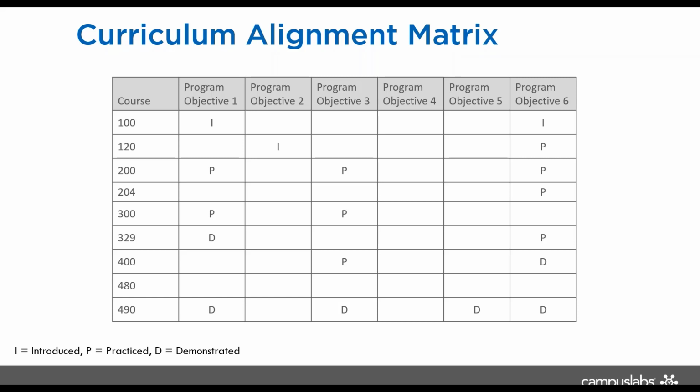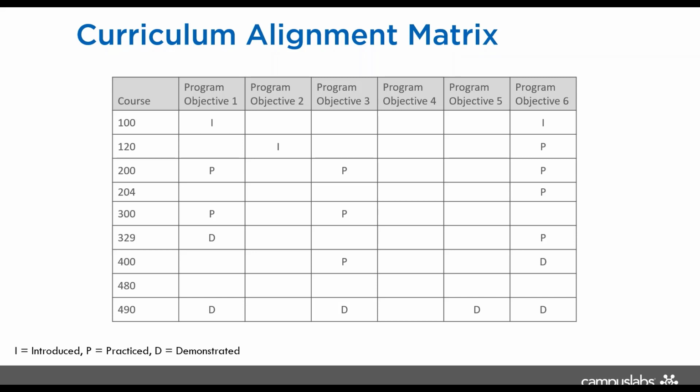Whereas program objective 6, we are seeing that it is addressed by a lot of the courses within the program. And that may not be a bad thing. Program objective 6 may be, while they are all key outcomes or objectives for the program, the one that is most tightly aligned to one of the institutional outcomes, for example.